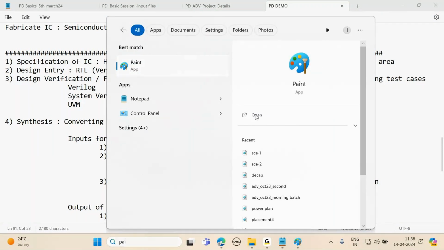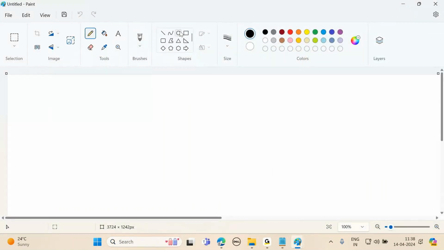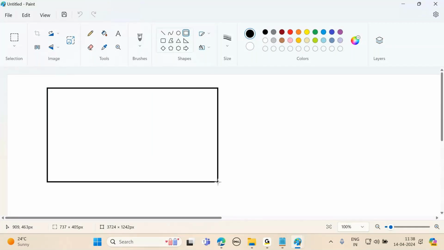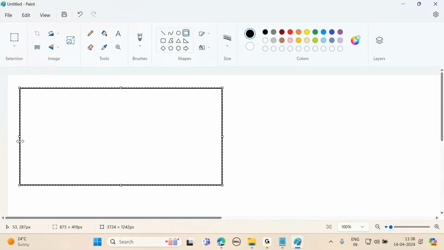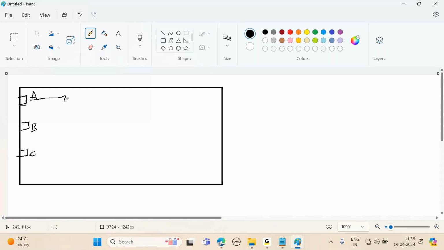One more point, because I want all that information again. For example, imagine that I have one small circuit. For simplicity, I'll take one small circuit like this, which has 3 ports: A, B, C. A and B connect to one OR gate, with A1 pin, A2 pin, and Y pin.